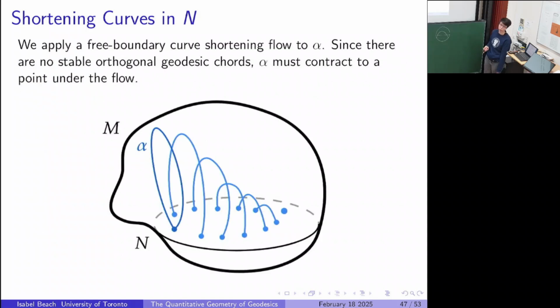So I'll just quickly go over how you can do that before showing you a nice concrete example. So you want to figure out how to shorten a loop that lies in my ambient space that is based on n, because this is the hypothesis of our theorem. So I've got this loop alpha.